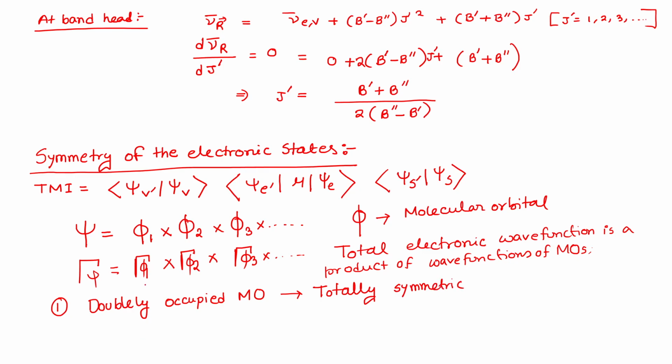Now suppose your phi 1 and phi 2 are totally symmetric, but phi 3 has only an unpaired electron. All but one doubly occupied.